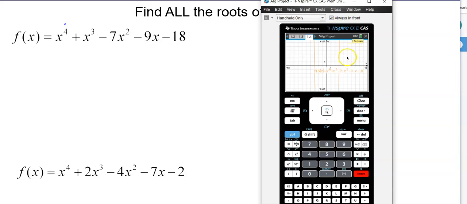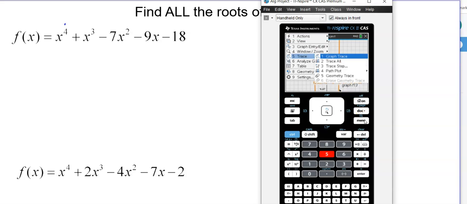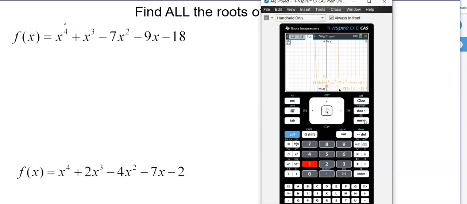Okay, so it looks like there's 2 pretty nice solutions there. If you use the trace key, menu 5, 1, type in, I don't know, was it 3? There it was. So at 3, it looks like there's a solution. It looks like -3 as well. If you type in those values, you can always trace to them, but it says there's zeros at 3 and -3. So I've got solutions at x equals 3 and x equals -3.